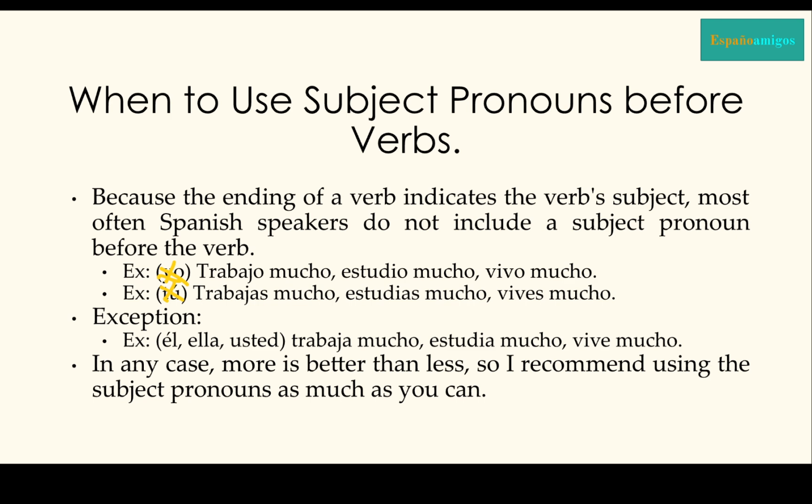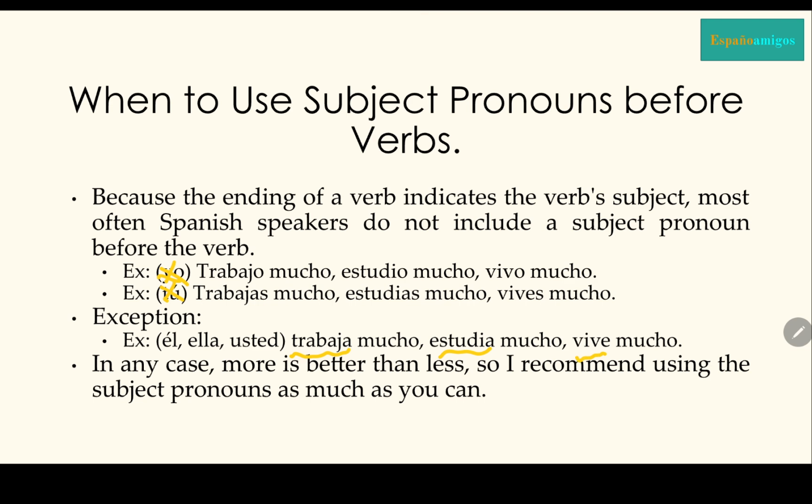Okay, now we can see an exception. The example says, él, ella, usted trabaja mucho, estudia mucho, vive mucho. Why is this an exception? Well, it's because, as you can see, él, ella, usted have the same conjugation: trabaja, estudia, vive.